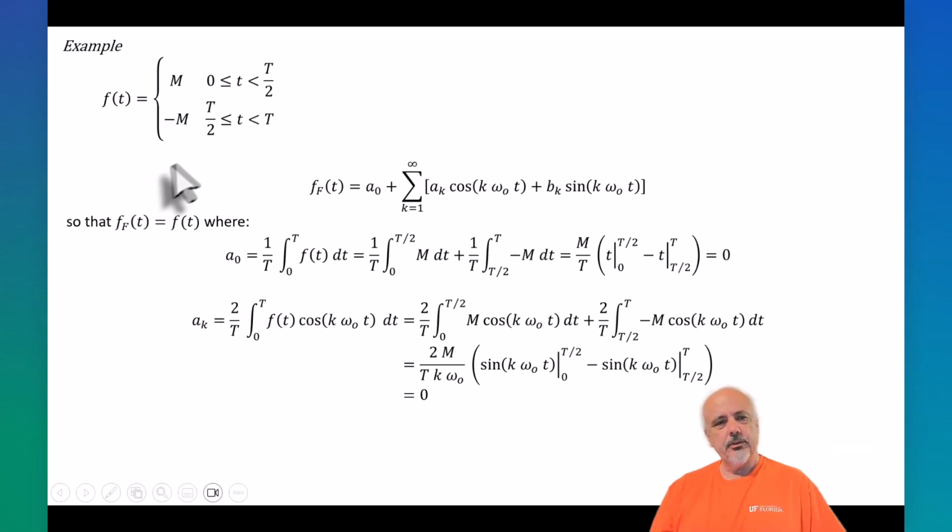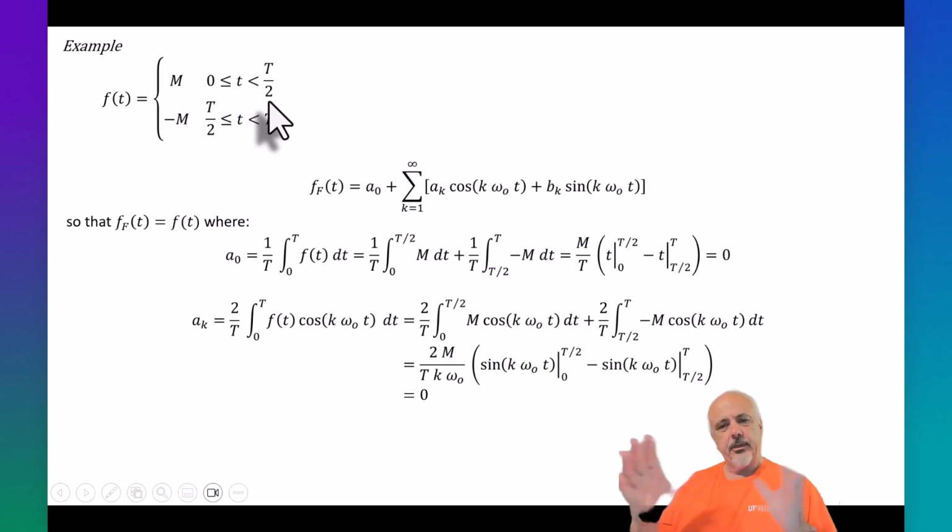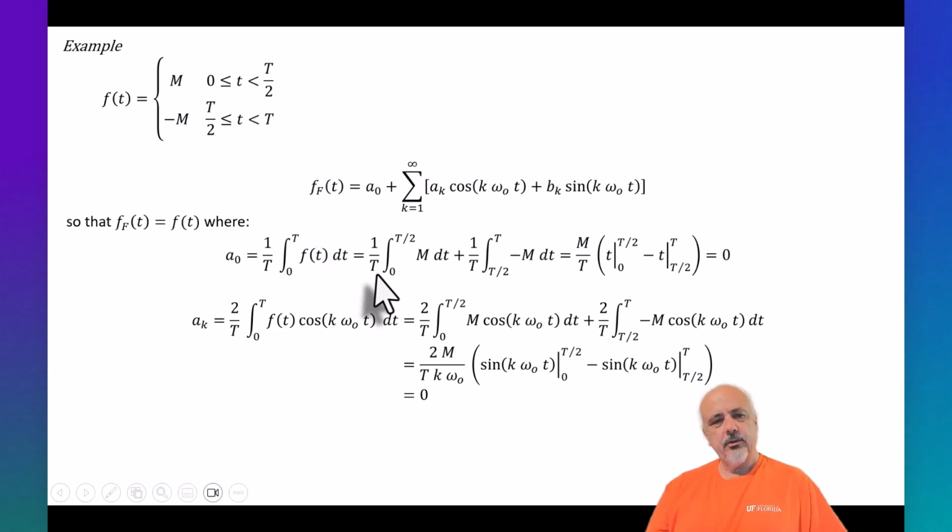So we'll bring in the function as m, and then break it into discrete pieces of time. We'll go 0 to T over 2, integrating m, and then T over 2 to T, integrating the minus m. When you put this all together, you're going to end up subtracting off the T over 2. So the a naught is 0.